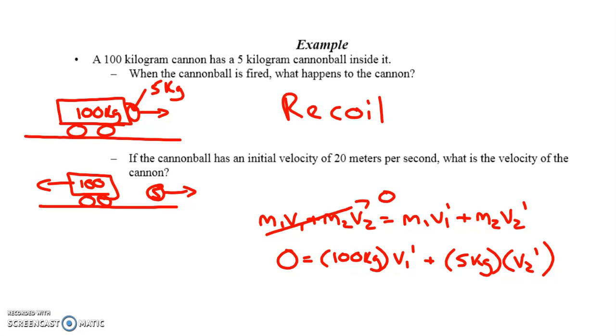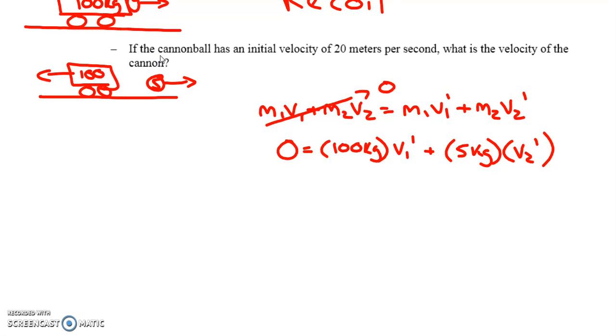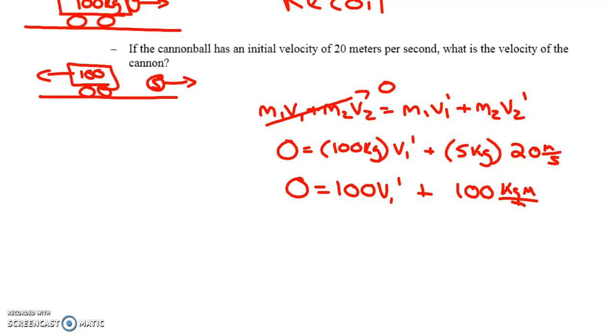If I wanted to know the velocity of the cannon, and I'm given the velocity of the cannonball, v2 prime, at 20 meters per second, then what we have here is 0 equaling 100 v1 prime plus 100 kilogram meters per second.